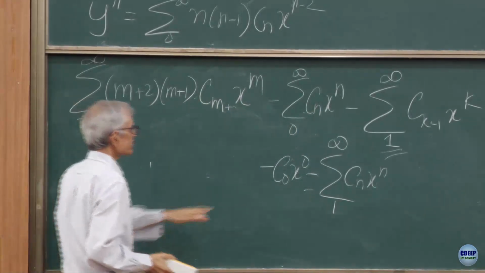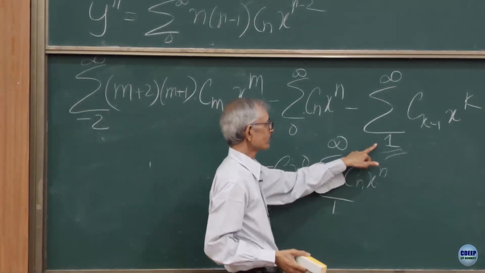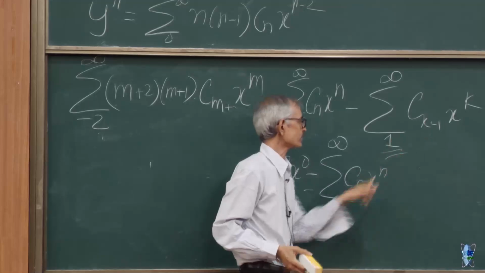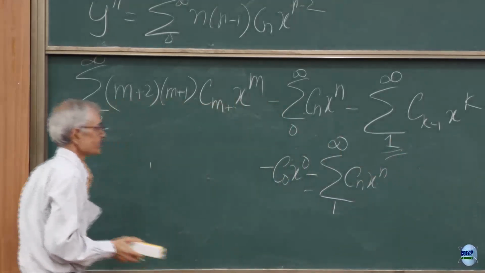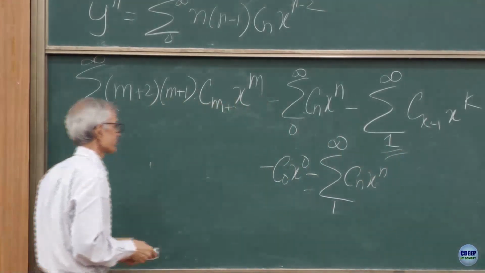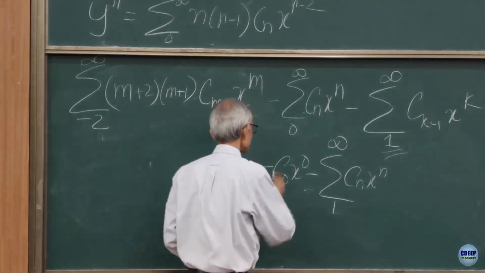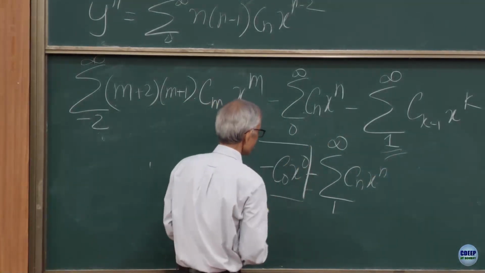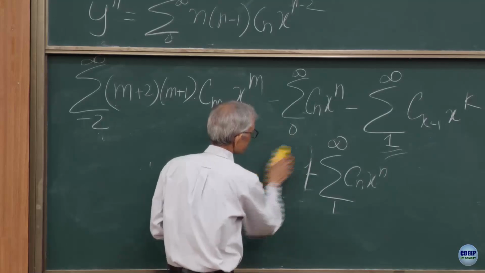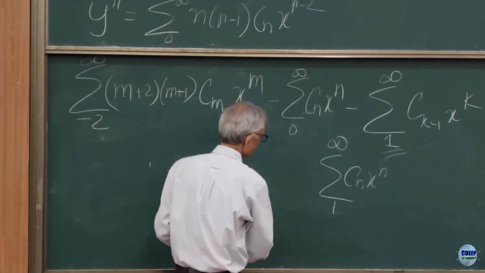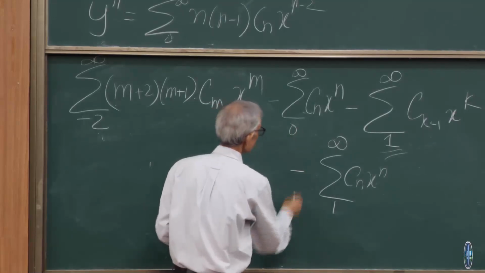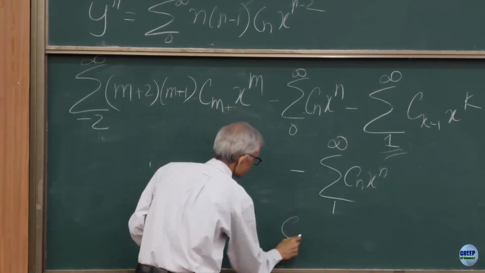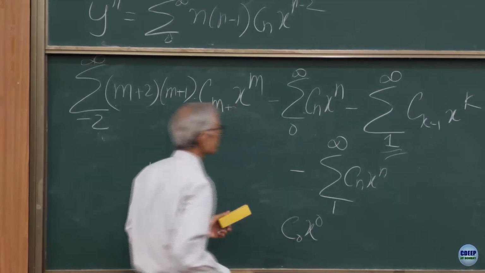So this limit I'm trying to make equal, and if this is all the same, then I can just go ahead and add up these terms. Okay. So I've got this extra term hanging in there, so let us just write it at the bottom. So this is minus, and then we say c0 x to the power of 0.